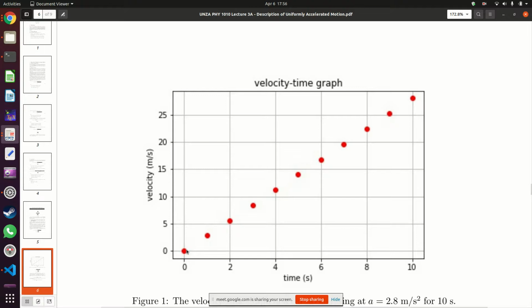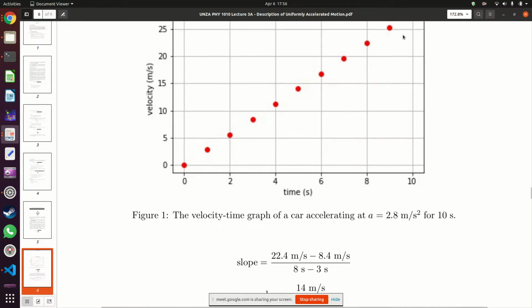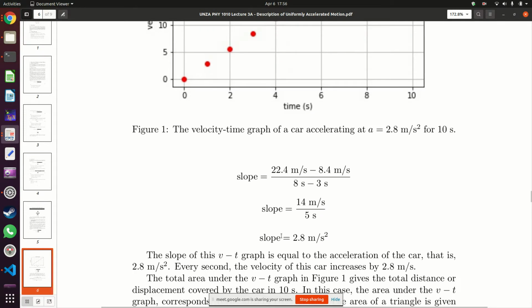Are we clear? When you have a velocity time graph like this, then you work out the slope of the line. That slope of the line is in reality equal to the acceleration of that particular object. Are we clear?